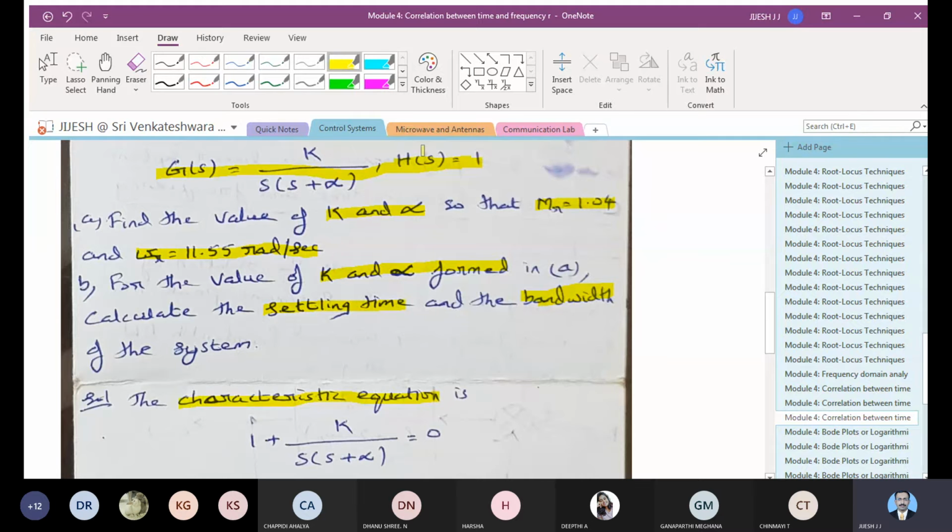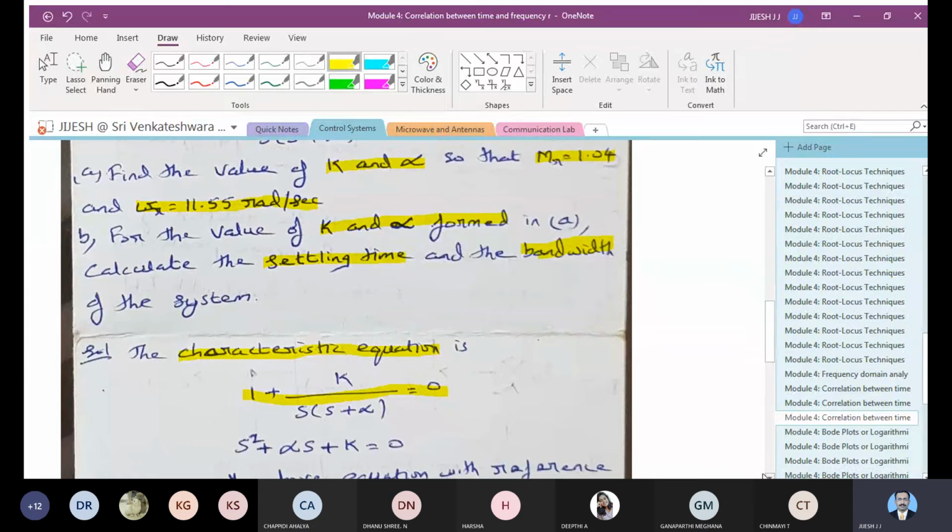G of S is given, H of S is given. So substituting, I get 1 plus K divided by S into S plus alpha is equal to 0. I can further simplify that and write s square plus alpha s plus K is equal to 0.